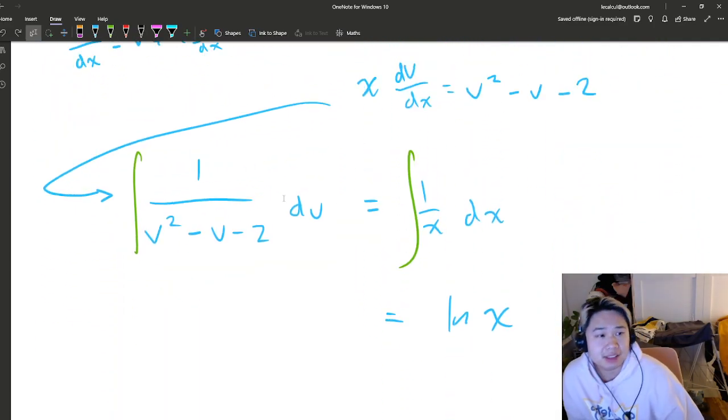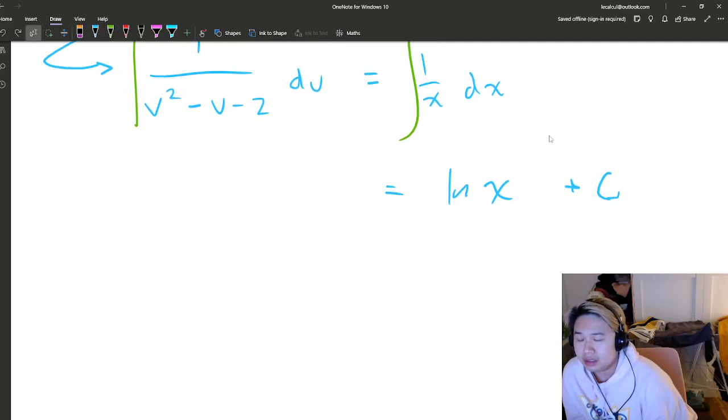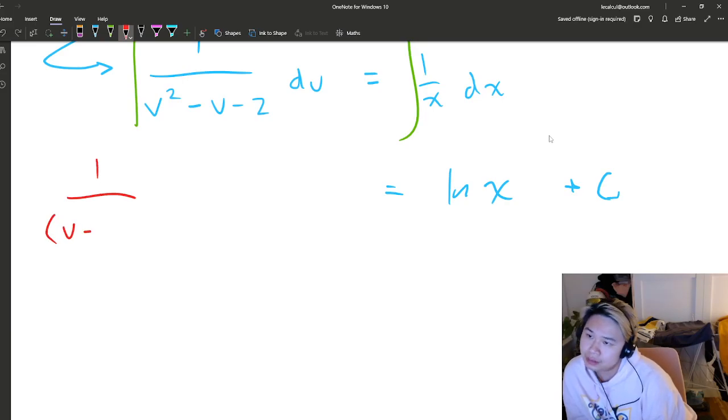And then we need to integrate the other side. I guess it's time for partial fractions, right? Okay, so side thing, because I'm pretty sure this is factorable.